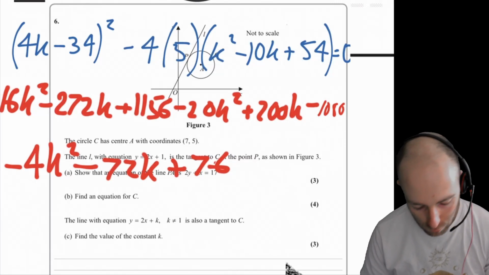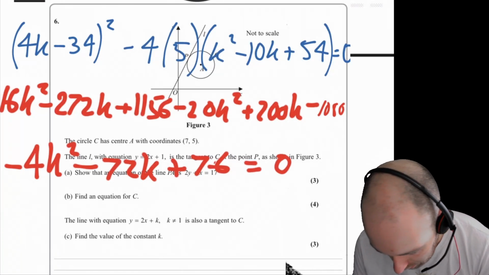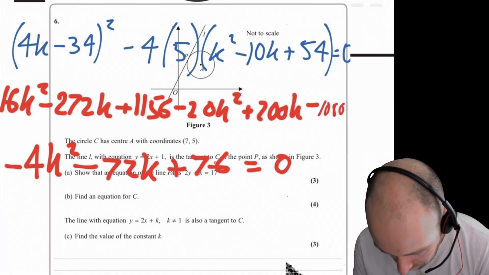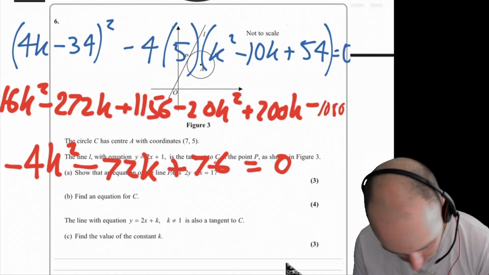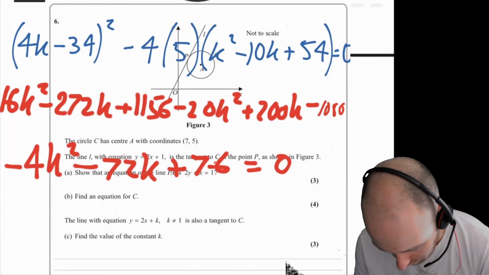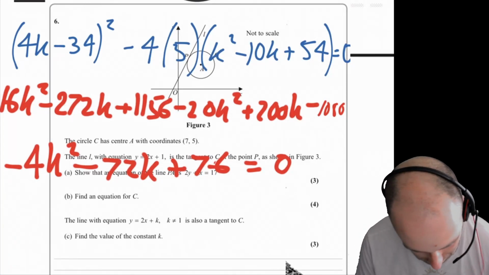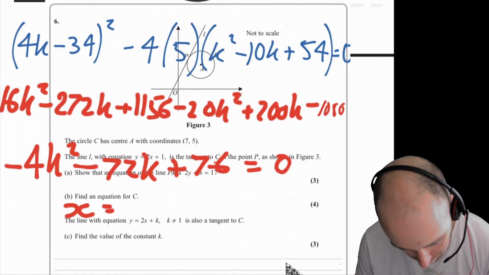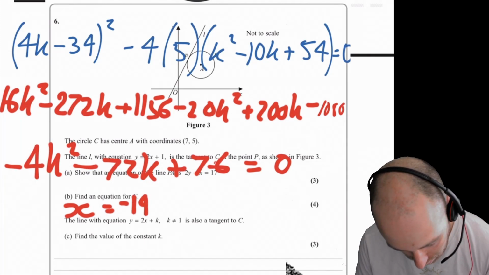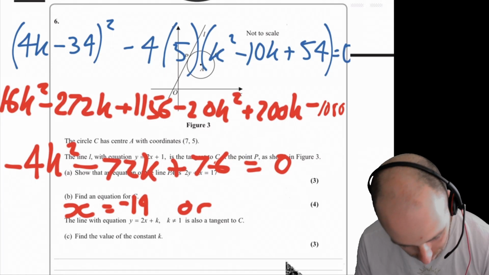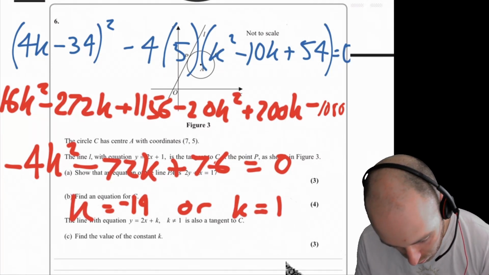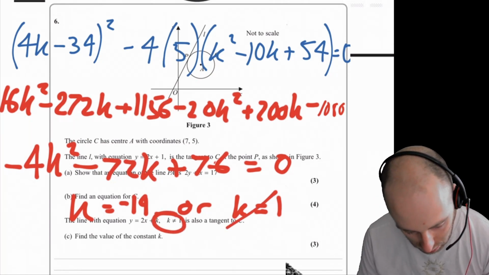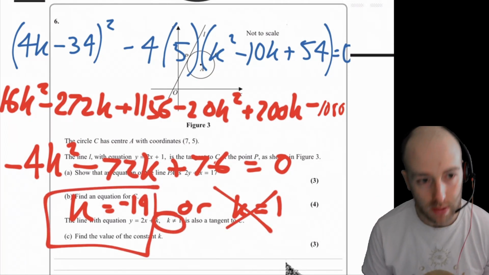Cool, that does divide by 4, but let's just type that into the calculator and solve it. So minus 4, minus 72, and 76. Which gives me k equals minus 19, or k equals 1. It says there k is not 1, so it's not that, so therefore k is minus 19.